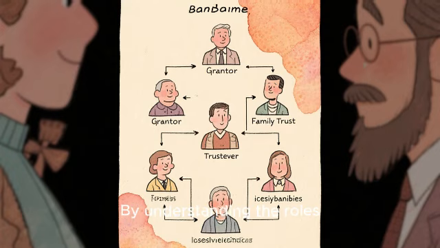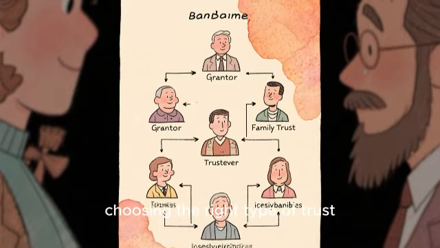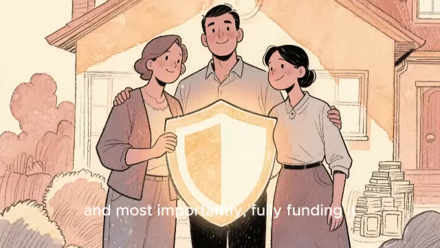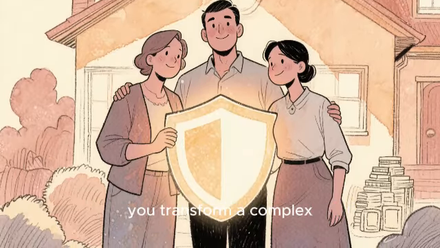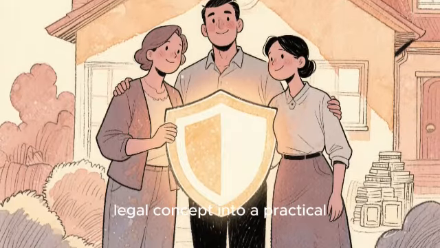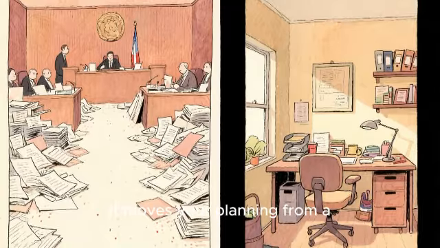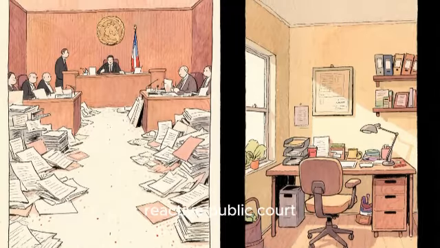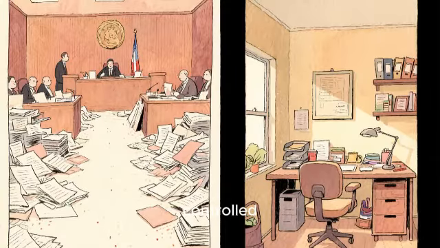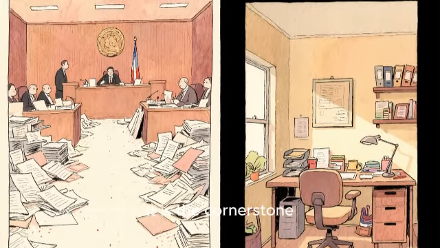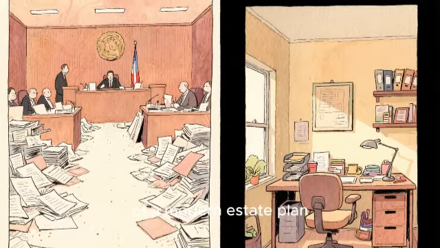By understanding the roles, choosing the right type of trust, working with a qualified professional to draft it, and most importantly, fully funding it, you transform a complex legal concept into a practical shield for your family's future. It moves your planning from a reactive public court process to a proactive, controlled, and private directive that you design. It is the cornerstone of a modern estate plan.